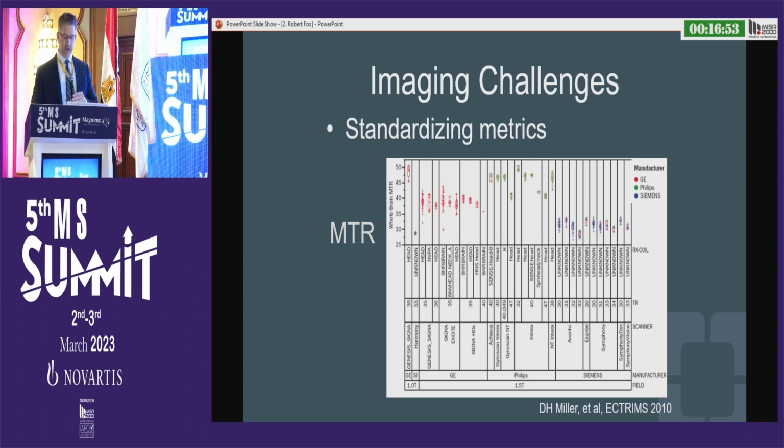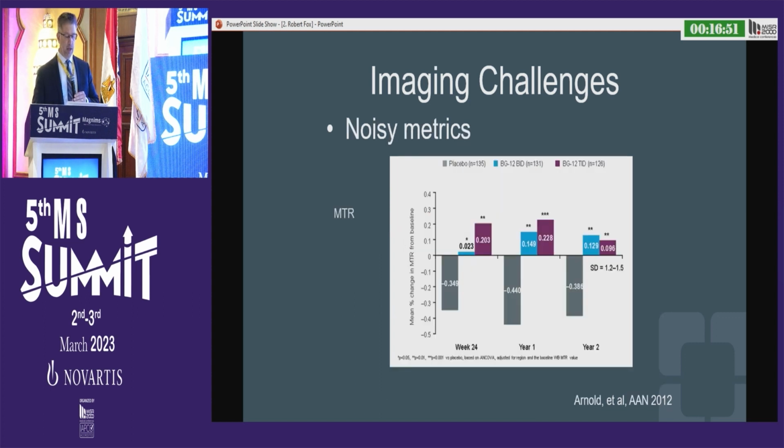So we look at just change over time. And so this is from that same trial. This is the dimethyl fumarate Tecfidera trial. And you can look at the change in MTR and feel confident, oh, okay, well, placebo went down, some stabilization in one dose, maybe an increase in the higher dose of BG12. Okay, well, I feel good about that.